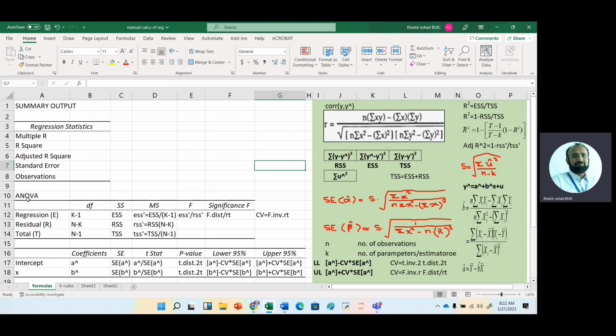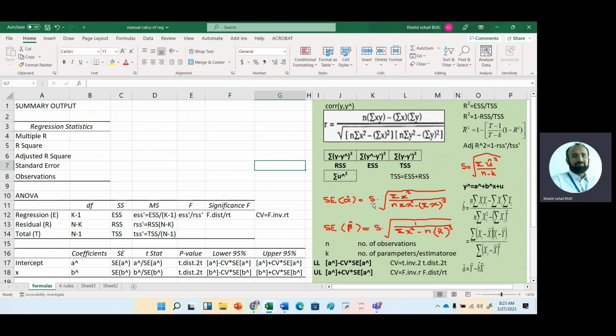Now I have already explained this ANOVA; because these are variance formulas, it is called analysis of variance. And then we have the coefficients alpha hat and beta hat, which I have already discussed with the help of these formulas. And then we have standard error of alpha and standard error of beta. How can we get the standard error of alpha?